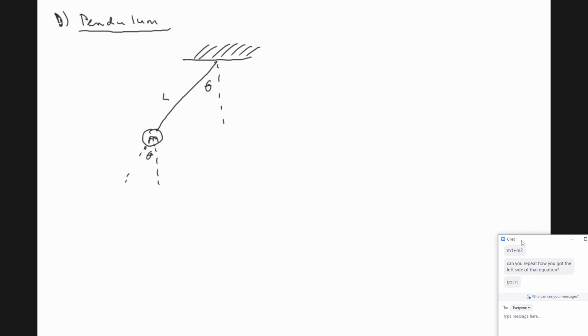Right, so we know that this is mg. You can break this into components. This is mg cosine, and this is usually mg sine. Okay.